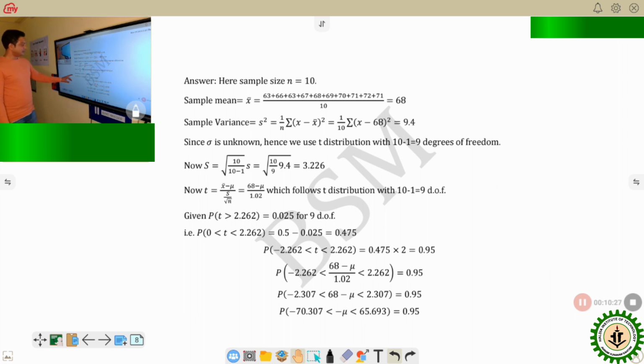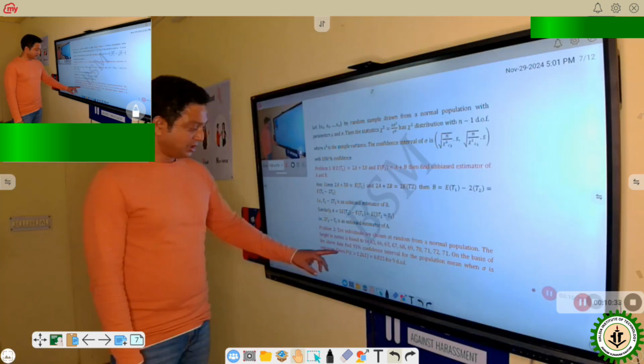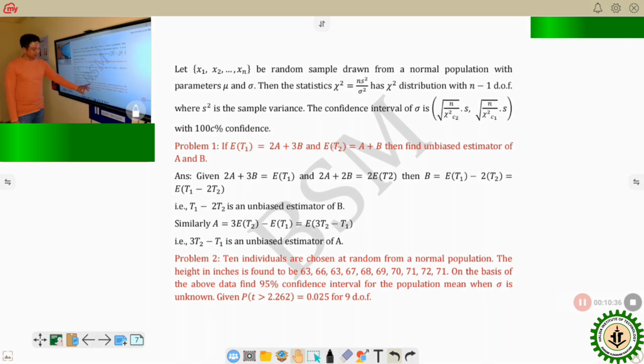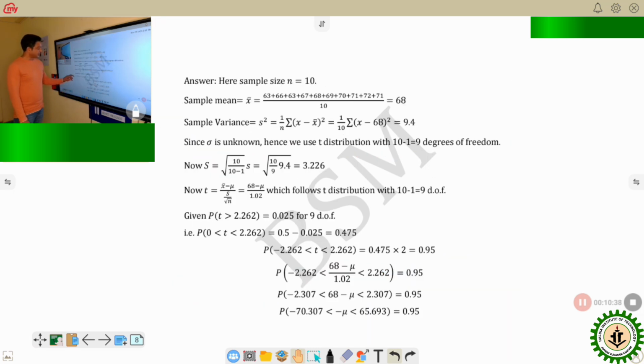Now this probability of t greater than 2.262, as given in the previous slide, is equal to 0.025 for 9 degrees of freedom. If you are taking from 0 to 2.262, then half of the distribution is 0.5.